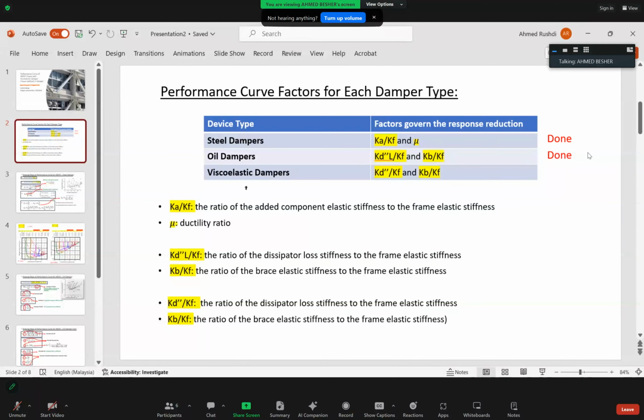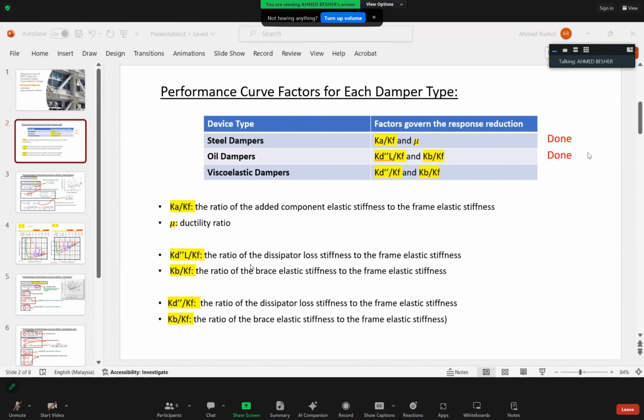For the oil damper, the governing factors are the ratio between the loss stiffness of the separator and the elastic stiffness of the frame, and the ratio between the elastic stiffness of the brace system and the frame.